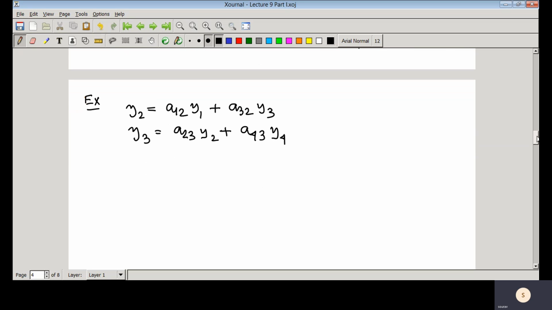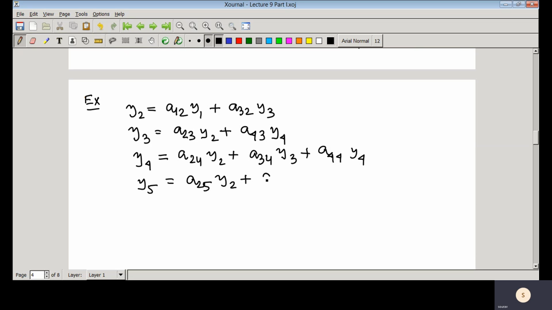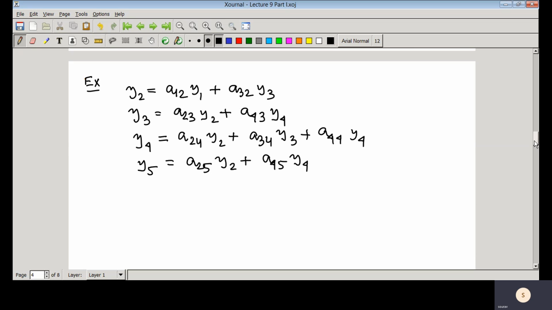So here you can see that the system is described by a set of algebraic equations, and whenever it is described by a set of algebraic equations, you can represent it using a signal flow graph. Then Y4 equal to A24 Y2 plus A34 Y3 plus A44 Y4, and another one is Y5 equal to A25 Y2 plus A45 Y4. So we'll be drawing the signal flow graph corresponding to this set of algebraic equations.